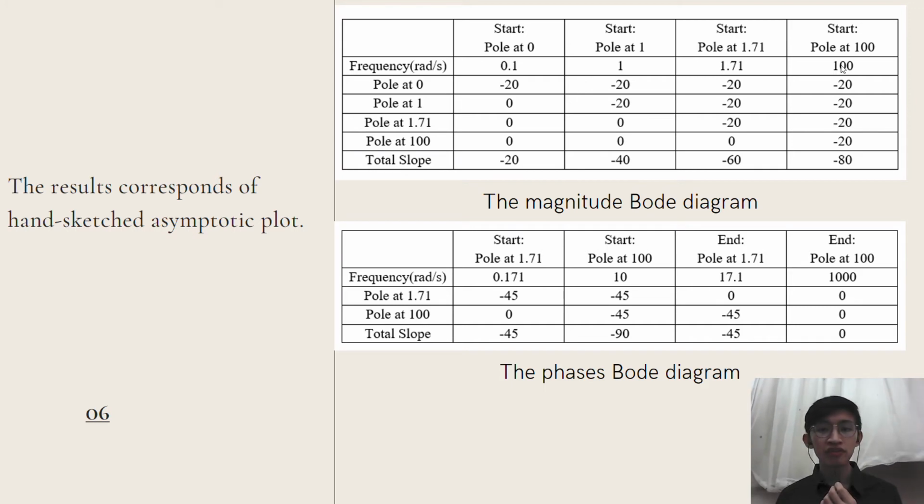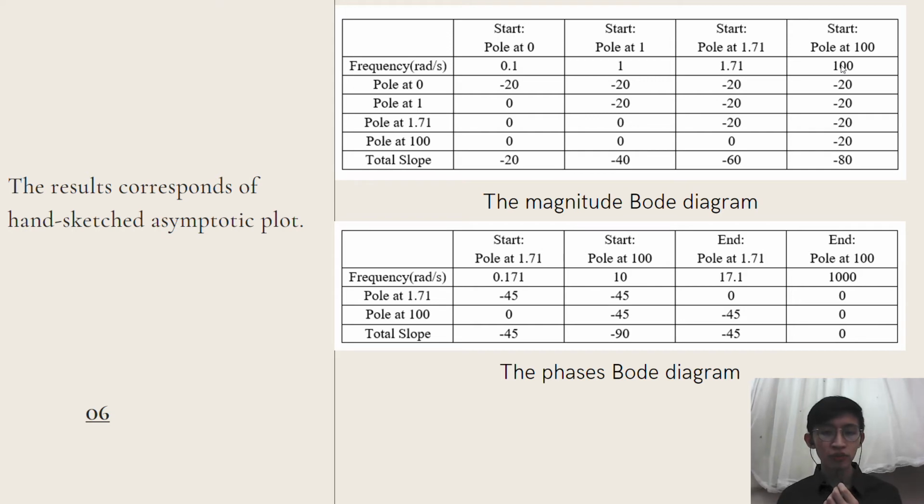At the frequency of 1.71, the poles at 0, 1, and 1.71 also have negative 20 dB each, so the total slope is negative 60 dB. At the last frequency, 100, all poles have negative 20 dB, so the total slope is negative 80 dB. The diagram below is the phase Bode diagram.